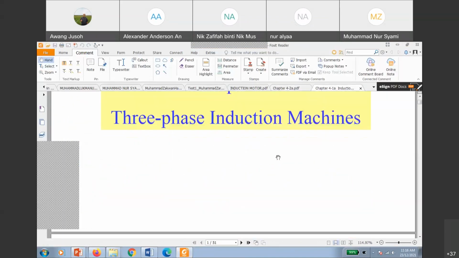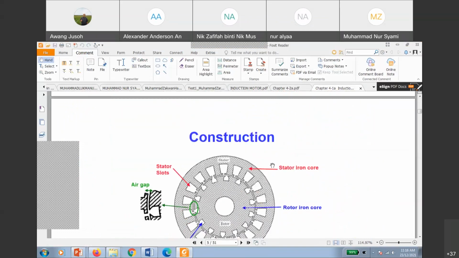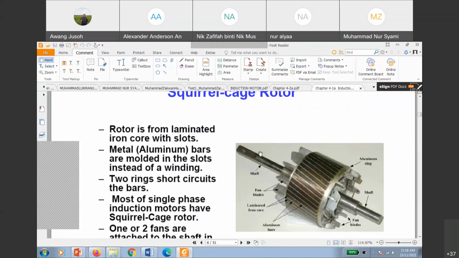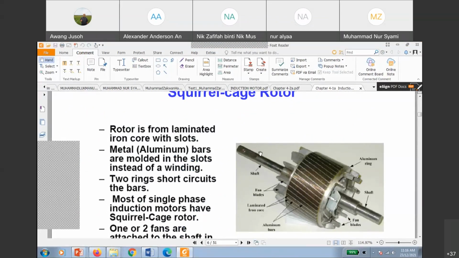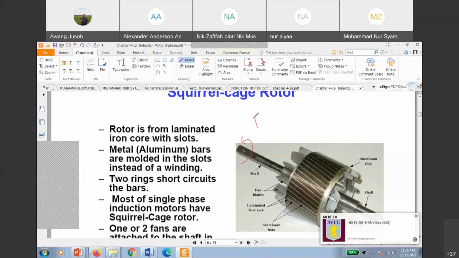Okay, I can show you something there. This speed here will rotate at this speed. For example, this speed creates an anti-clockwise rotation this way. So ns equals 120f divided by p in RPM, rotations per minute.